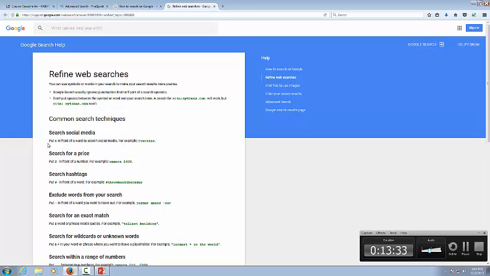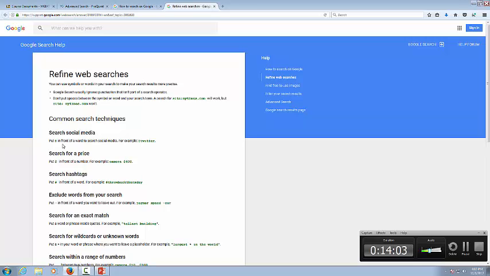So you can use Google to search social media, for example. If you put an @ sign in front of a search word, that uses the Google search engine to just search certain types of social media. Hashtag searches are also helpful.